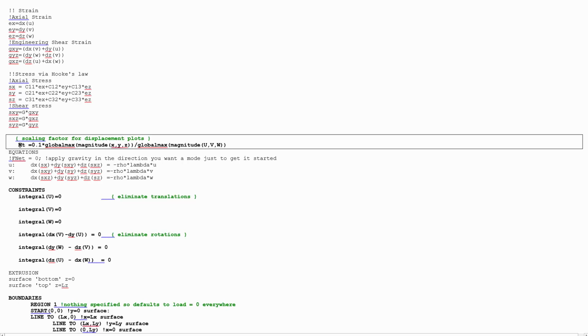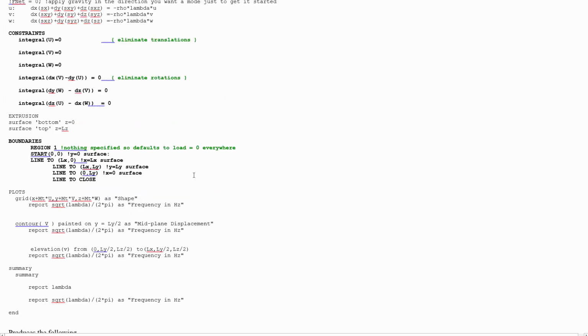So we'll say we want to go to 10% of what the size is in X, Y, and Z divided by what the maximum displacement was in U, V, and W. And what this is going to do is scale so that we've got an actual displacement which is always taking up about 10% of the total range that we have on the size.